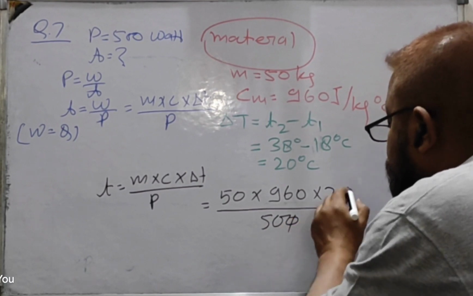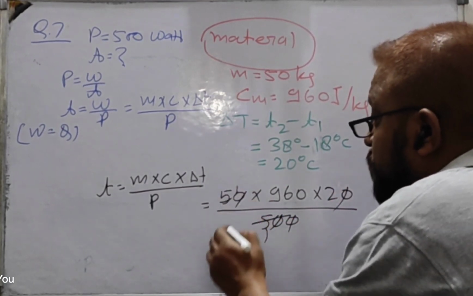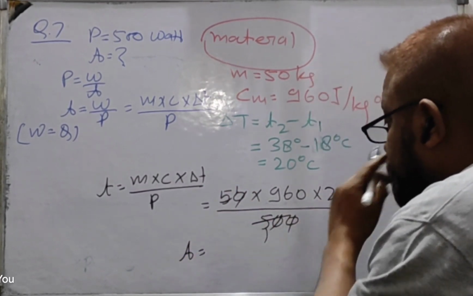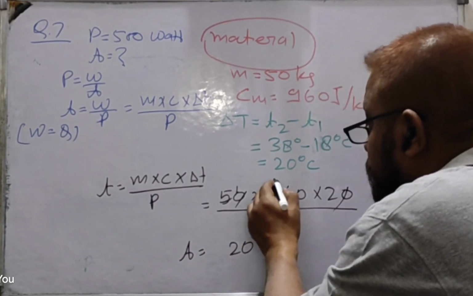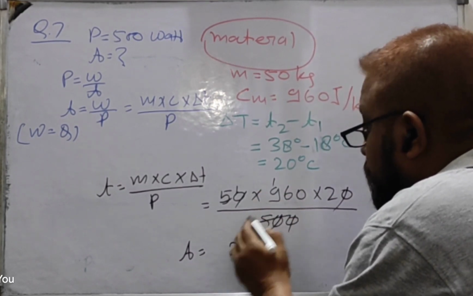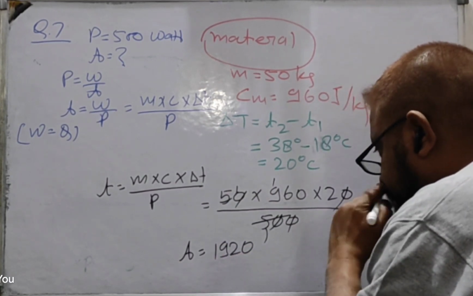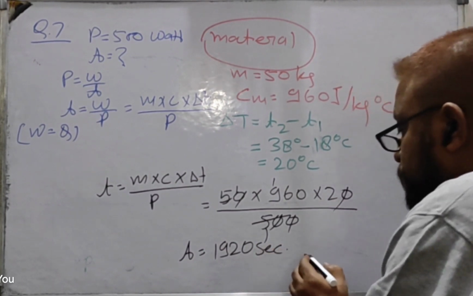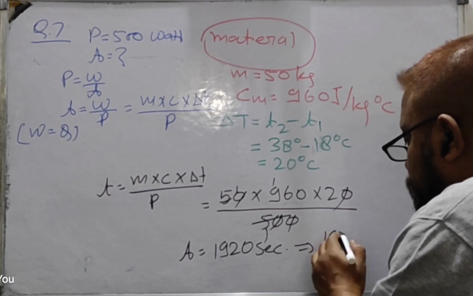So this 10 is cancelled out by 10. So T is equal to 960 into 2, which becomes 1920. 2 6s are 12, 2 9s are 18, so 1920 seconds.